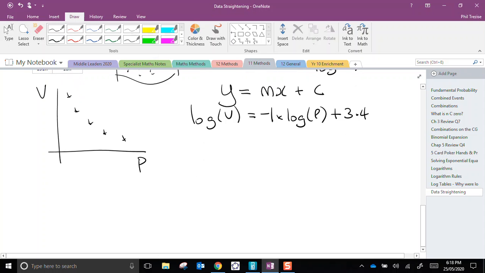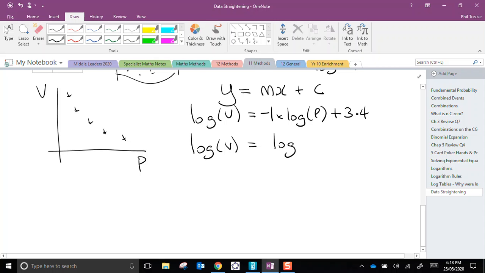So, how am I going to rearrange this equation? It's not so easy this time. I can't just divide by log P because I've got this extra part sitting here at the side. So let's do this. I might use the power rule to write this as P to the power of -1.